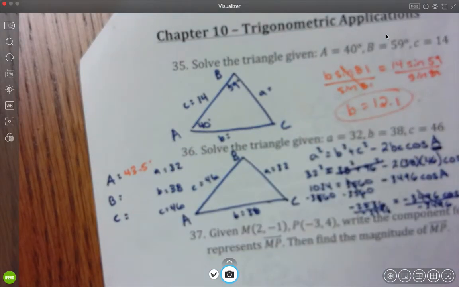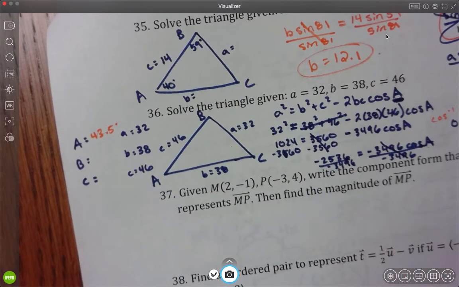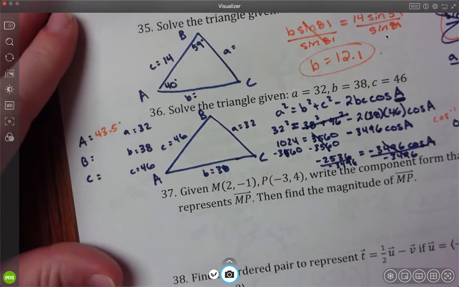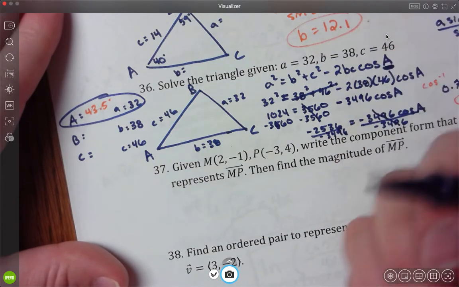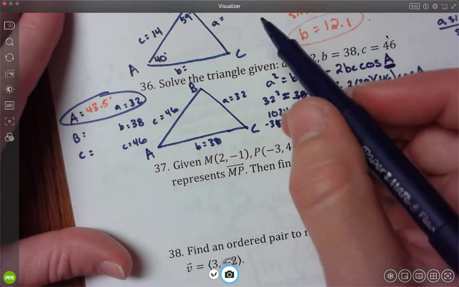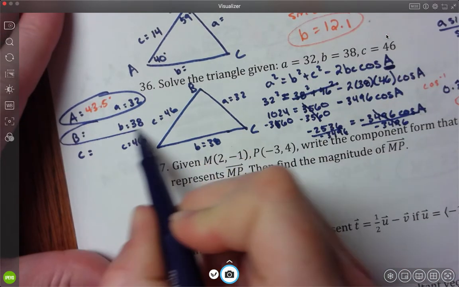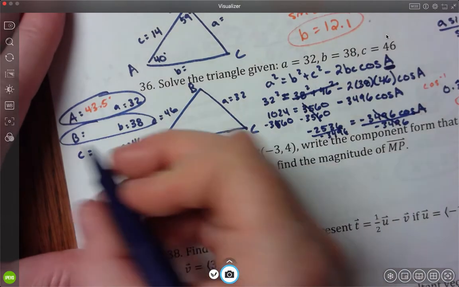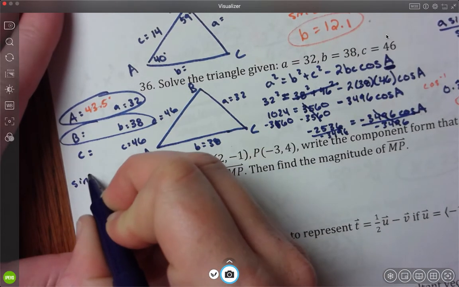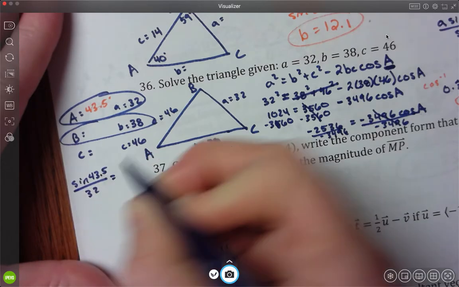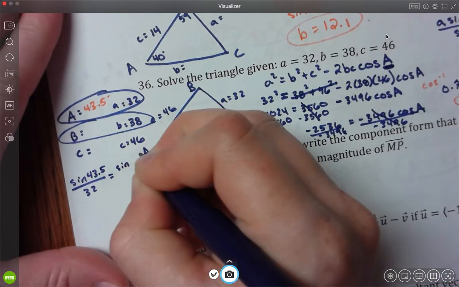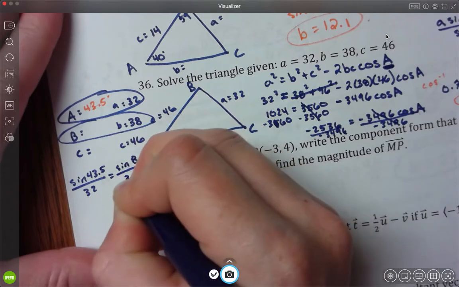After I've done all that work, now I have a pair here, and I can use the law of sines, just like we did up here, to find B next. So I'm going to do sine of 43.5 over 32 equals sine of B over 38.